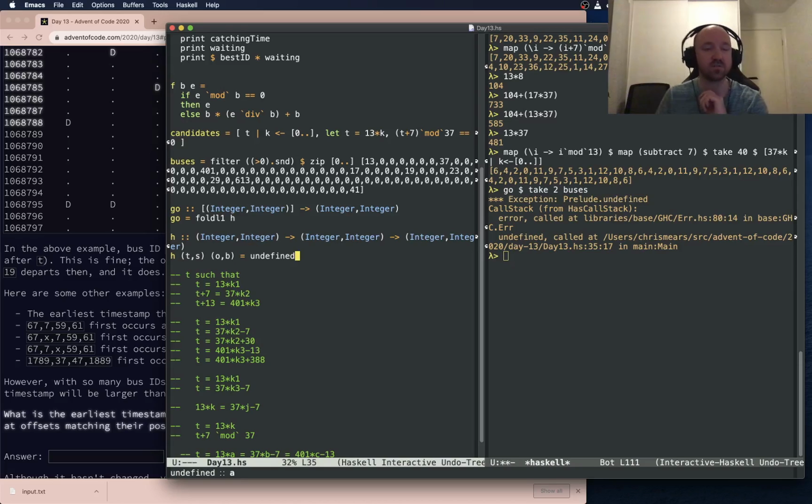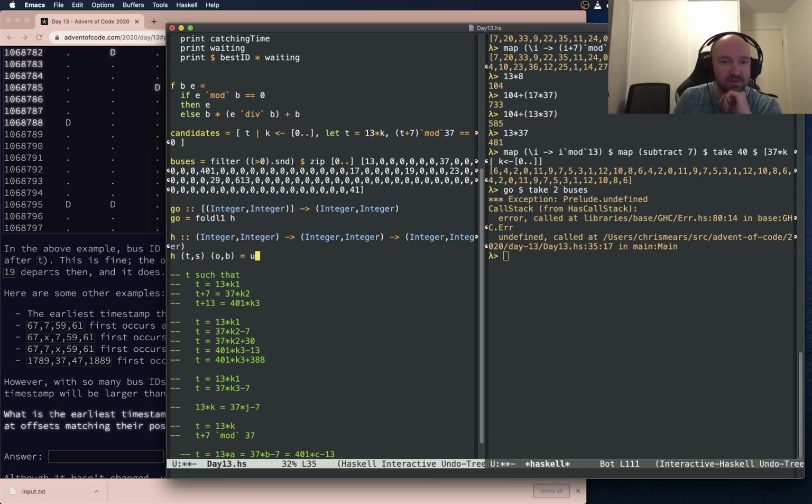Imagine in our first case, T is 0, S is 13, and O and B are the new bus. So O is 7 and B is 37. So we just need to skip by multiples of the new bus, 37 in this case. No, by the old bus.